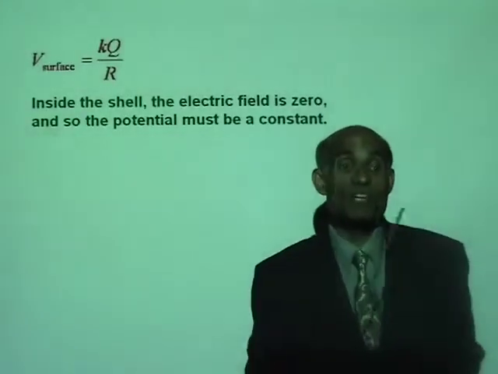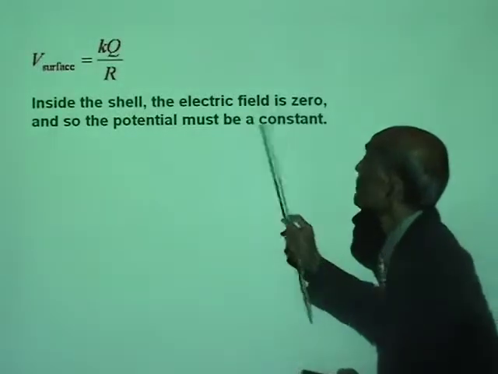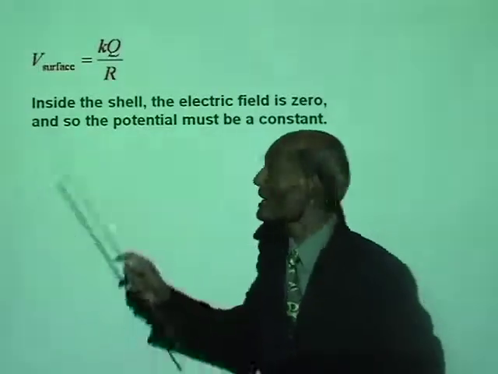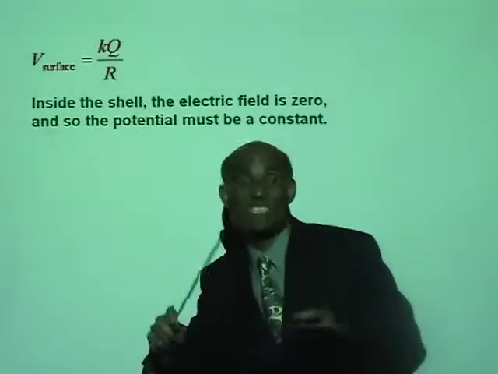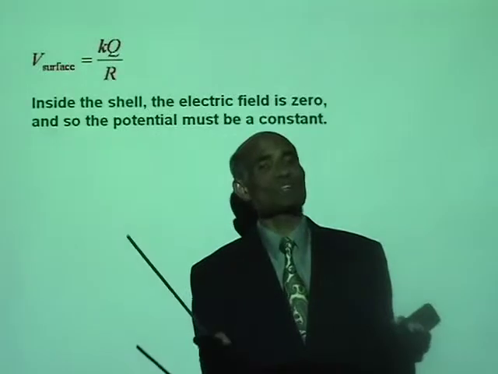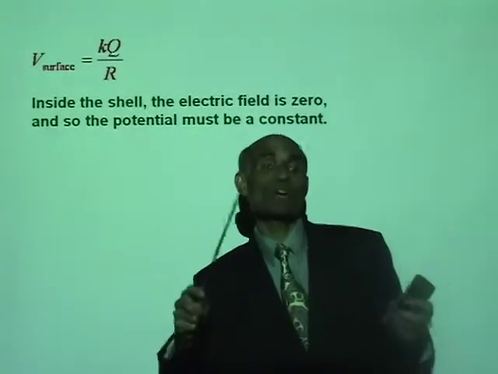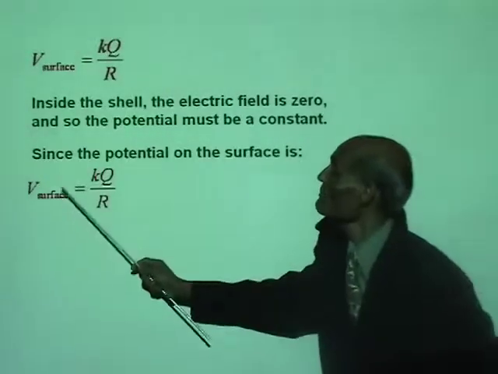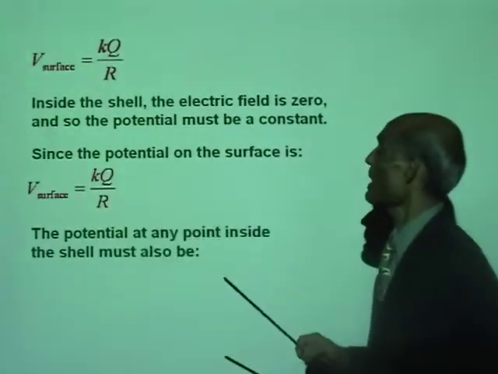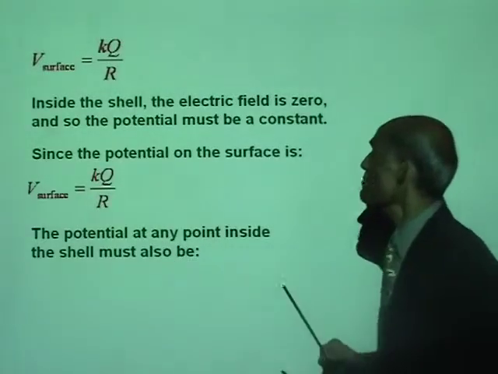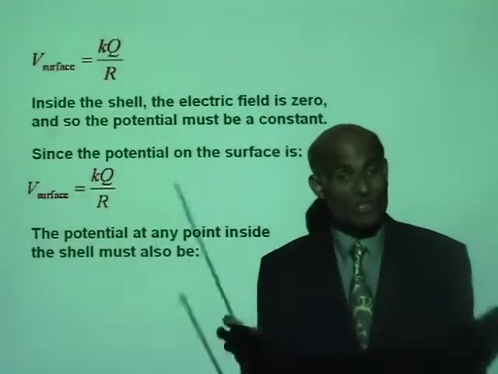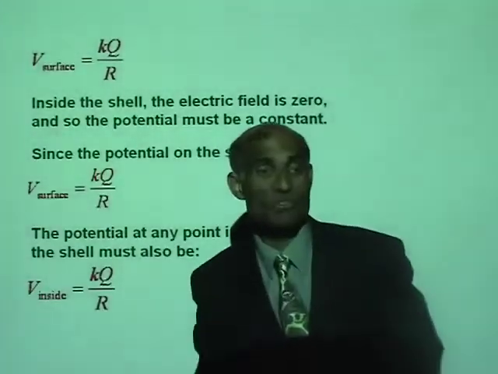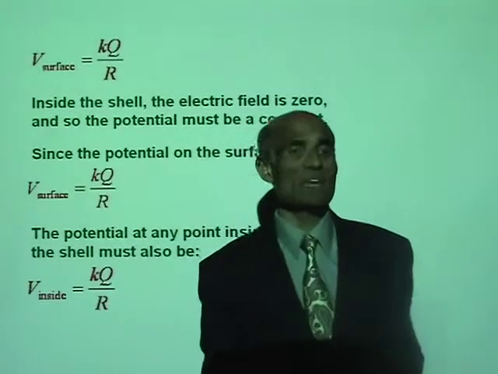The electric field is zero means the potential must be a constant. That means anywhere inside the shell, the potential has to be the same as the potential on the surface. Then only can it be a constant right through. Since the potential on the surface, V surface, is KQ over R, the potential at any point inside the shell also must be the same value. So if you want to summarize all that, how will you say all these things together?